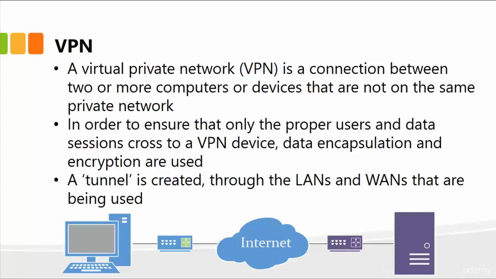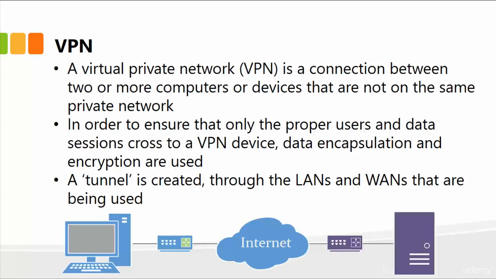And to do that, think of this as a tunnel. So simply a tunnel is created between the two networks, either through the local area network or the wide area network being used. So two networks, create a tunnel between them, and then encapsulate, as well as encrypt your data. And that's called a private network, or a virtual private network in essence.